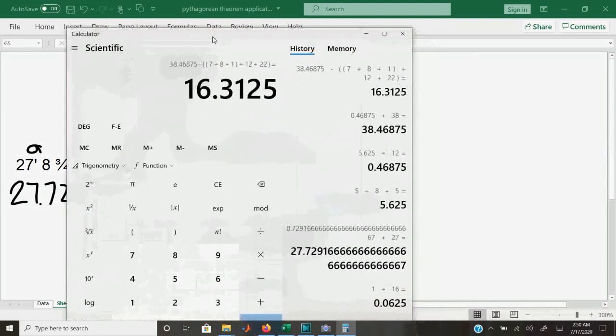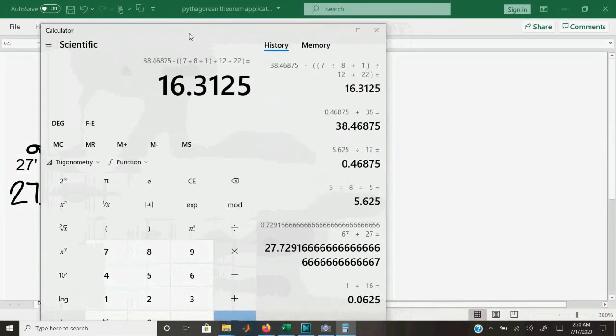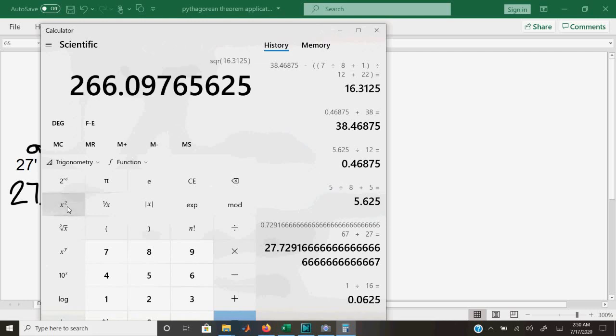So I was very careful to write down enough significant figures, enough decimal places. I don't really need to at this point because I have everything in the calculator. So I'm going to square b. This is my b that I have on the calculator now. And this button here where I have an x with a 2 above it, exponent of 2, that squares 16.3125.